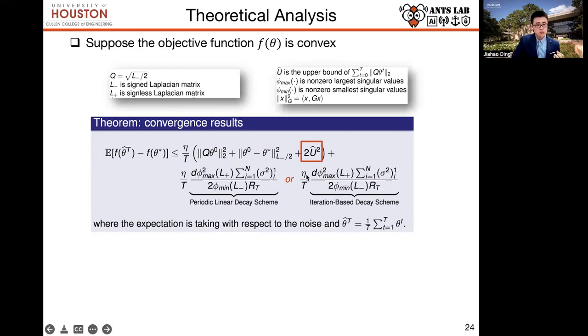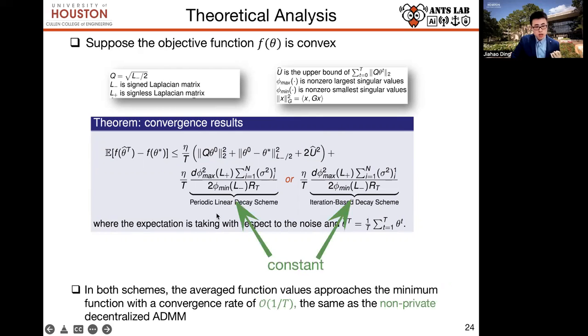And this term is related to the noise decay upper bound. These 2 terms are related to the theoretical linear noise decay scheme which we choose. Since we use a special noise decay distribution, these terms are constant. So in both schemes, the average of function values approaches the minimum function value, converging at 1/t, which is the same as a non-private decentralized ADMM.